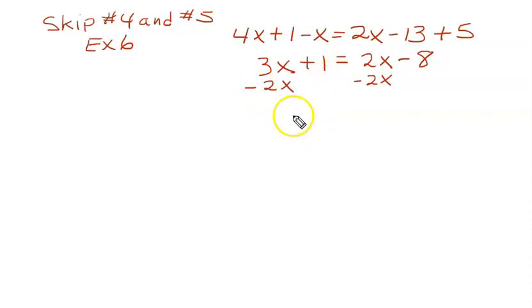And I now get x plus 1 equals a negative 8. And how do I get rid of the 1? I subtract the 1 from both sides, being careful of the signs, and I get x equals negative 9.